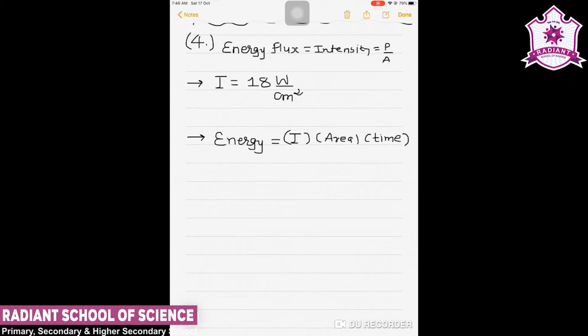Here the energy is represented by, suppose, U. In the question it is given that light with an energy flux 18 watt per centimeter square falls on a non-reflecting surface at normal incidence.